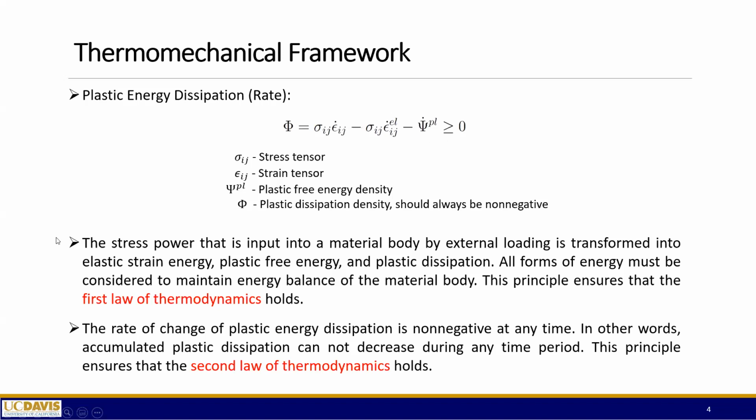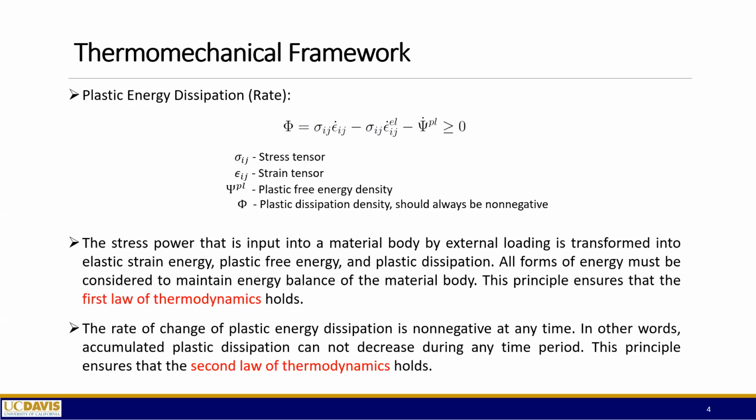Now, here are two very important points that we should always be aware of when calculating energy dissipation. The first one: the stress power that is input into a material body by external loading is transformed into the elastic strain energy, plastic free energy, and dissipation. So all these forms of energy must be considered to maintain an energy balance of the material body.